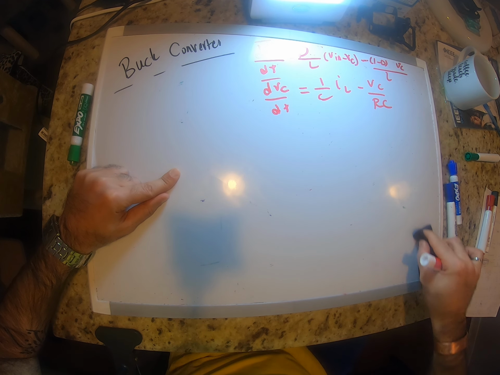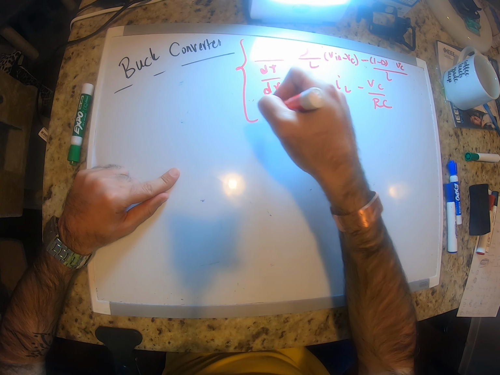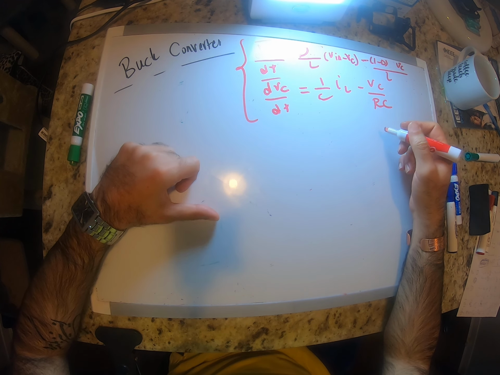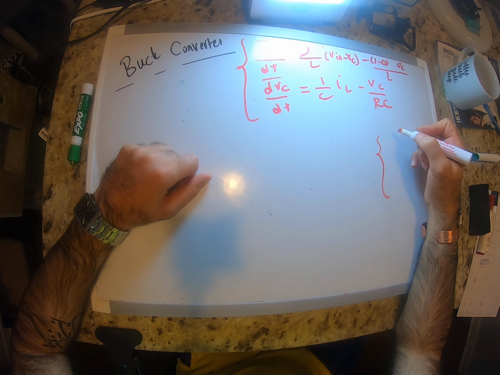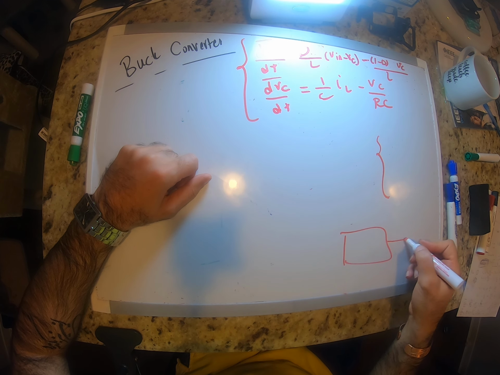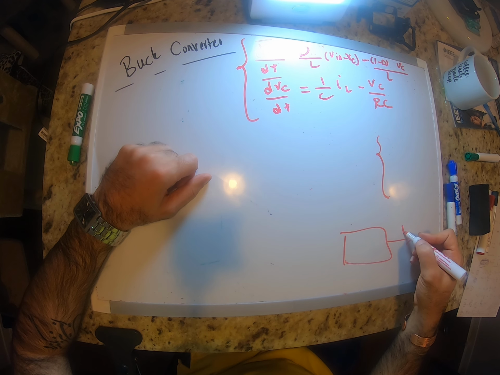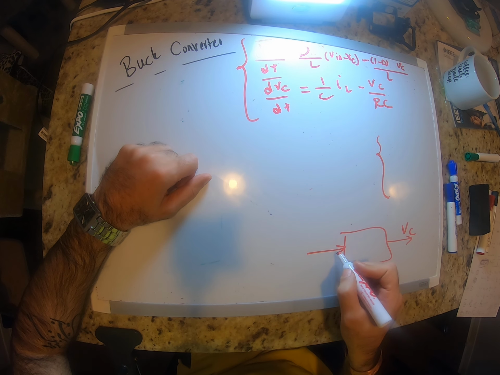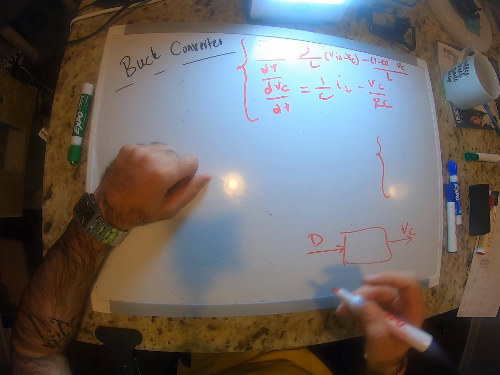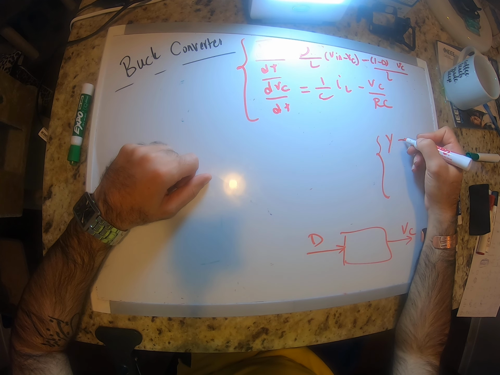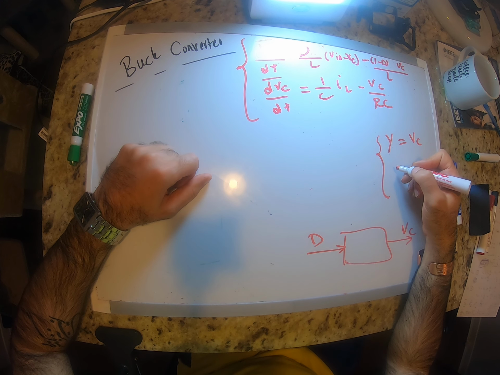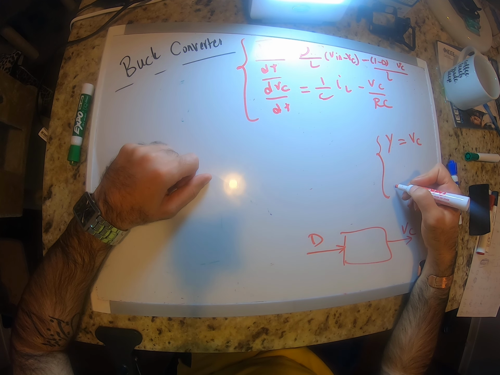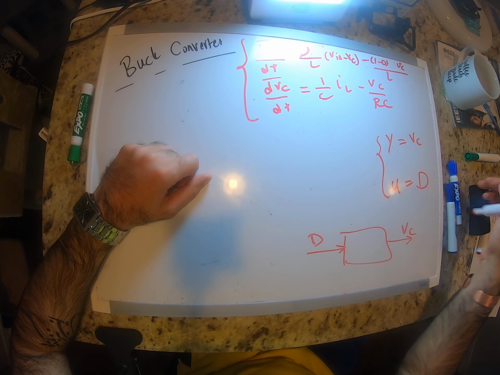Okay, so we're almost done. Just give me a little bit more time. Just remember that we want to find the relationship between our output, which is VC, and our input, which is D. So let's call VC Y, and let's call D U, which is the input.